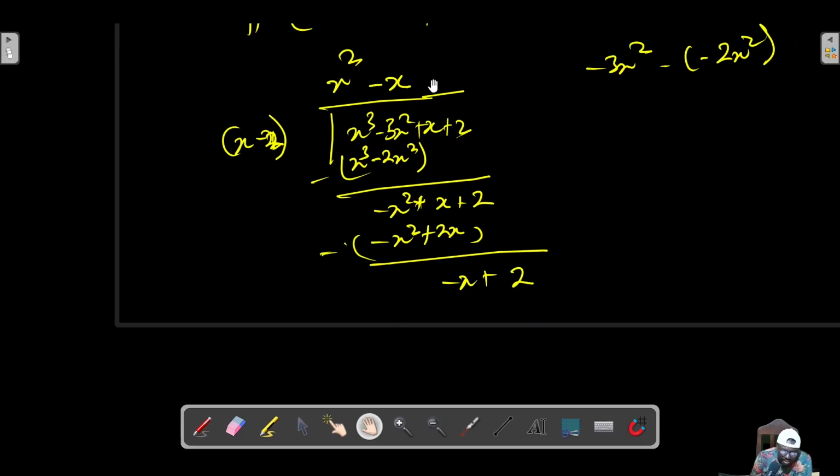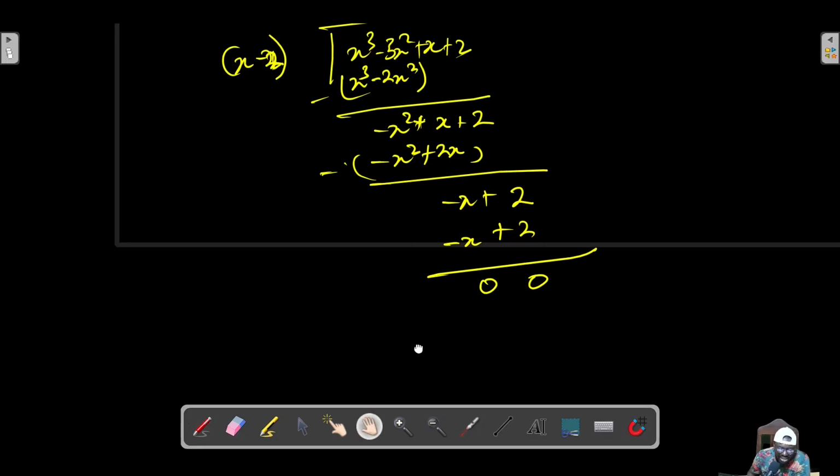Now again, what term when multiplied by this term will have at least negative x? That term is negative 1. So negative 1 multiplied by x ends up with negative x. Negative 1 multiplied by negative 2 ends up with positive 2, and from here we get 0.